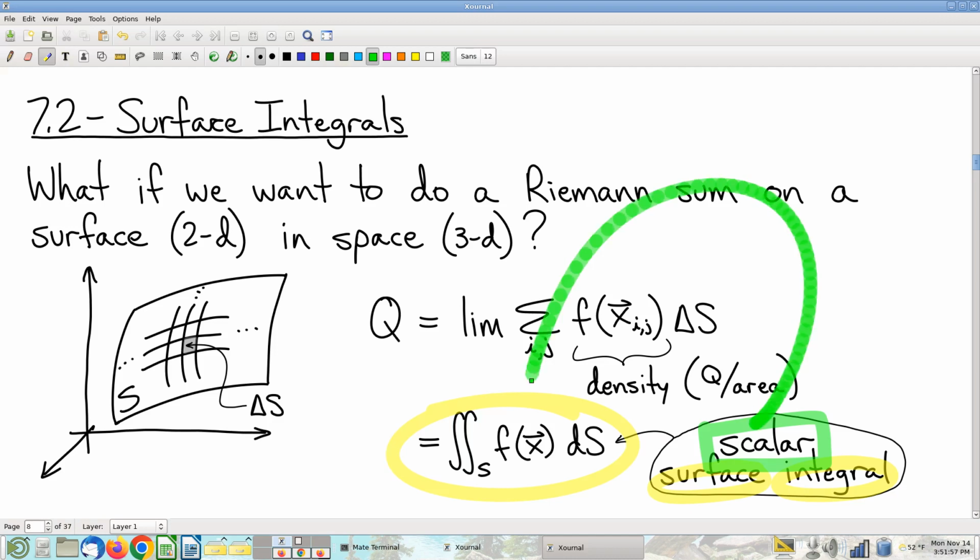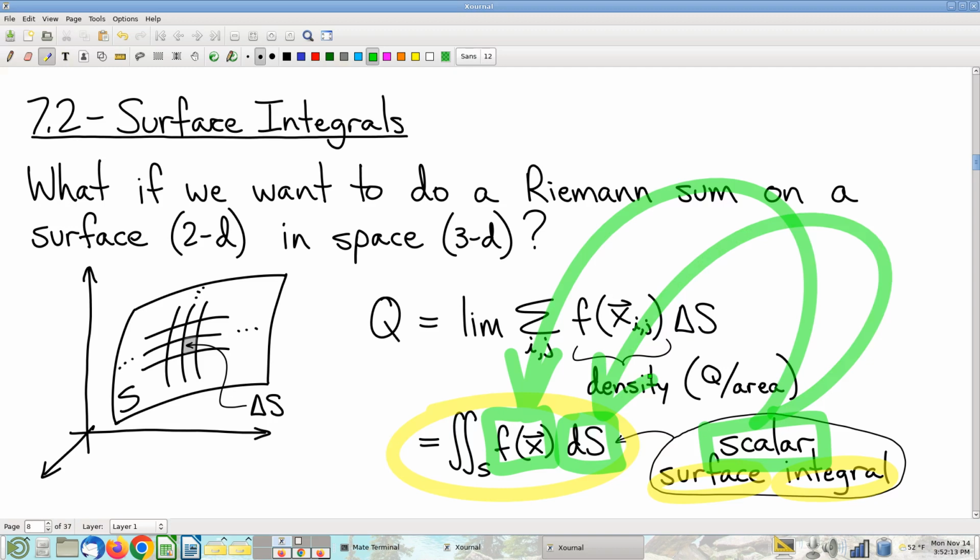We use the term scalar because our integrand here is a scalar. This is a scalar quantity, stuff per unit size. And furthermore, my differential here is also a scalar. That's not a vector differential. It's just area, the surface area of whatever you're looking at. Okay, so it's a scalar surface integral.